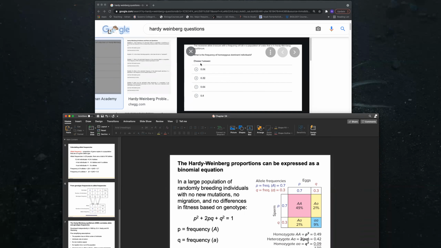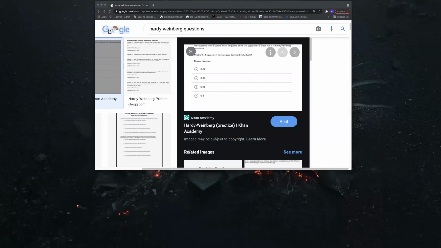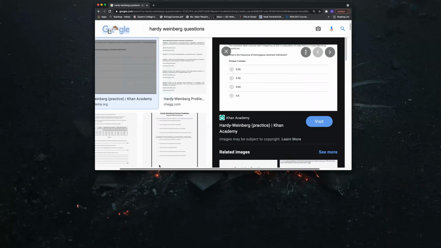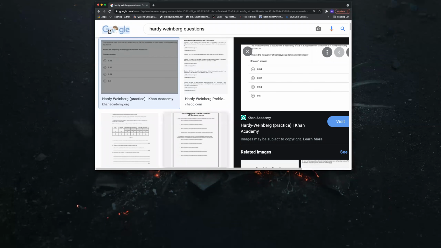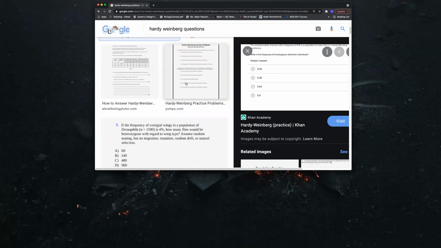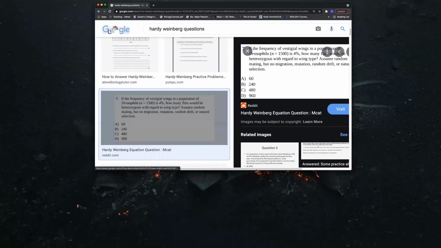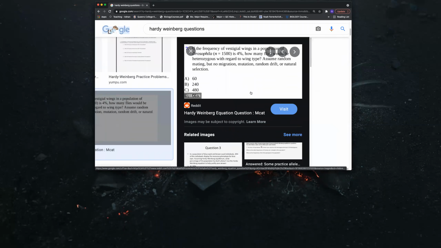All right. Let's look at another one, because the reason I'm saying that it can get tricky is because sometimes you may not know whether to use P plus Q equals 1 or P squared plus 2PQ plus Q squared equals 1. The frequency of vestigial wings in a population of Drosophila of 1,500 is 4%. How many flies would be heterozygous with regard to wing type?